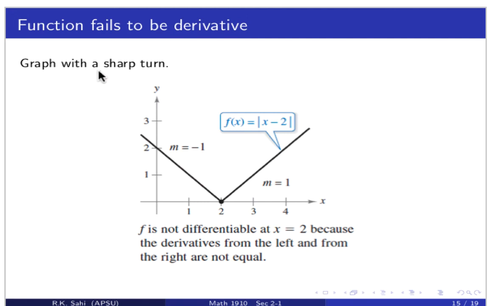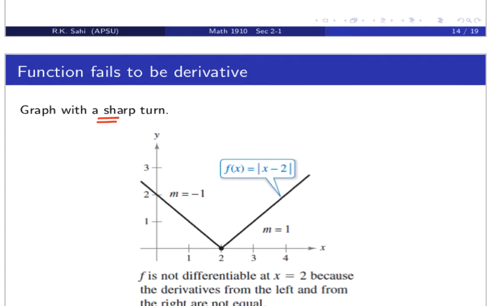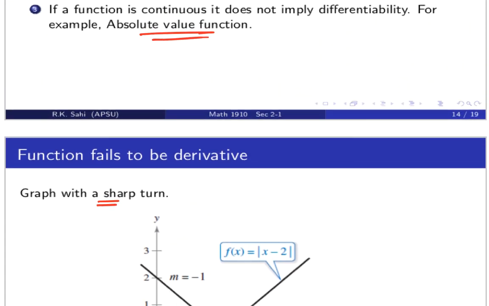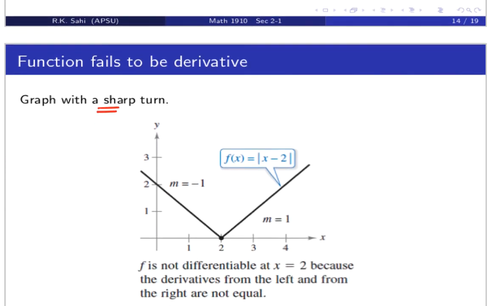If your graph has a sharp turn, remember what we just said in the previous slide: an absolute value function is an example of a function being continuous but not differentiable. Notice, this is my absolute value function. Clearly it is continuous. On the graph, I'm just going to be remaining on the graph, I'll never come out of it. But it is not differentiable, and the reason is this.